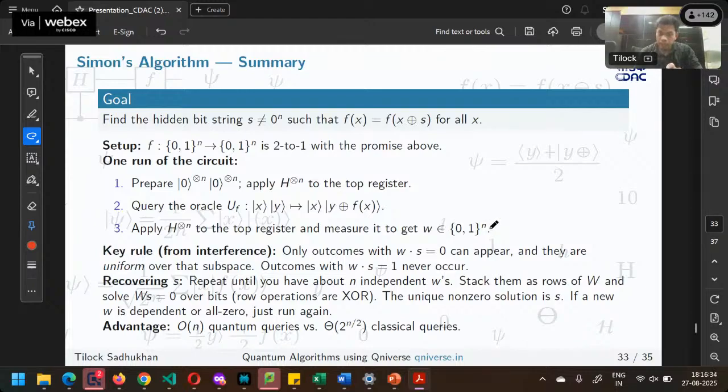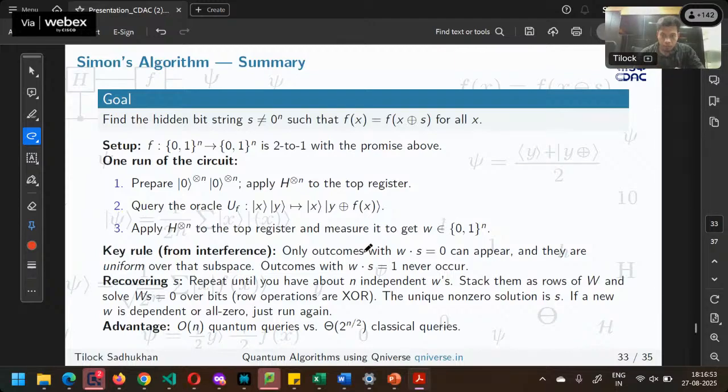By collecting these equations s dot w equals 0, we stack up a matrix, and for all those w's, w dot s equals 0 has to be satisfied.